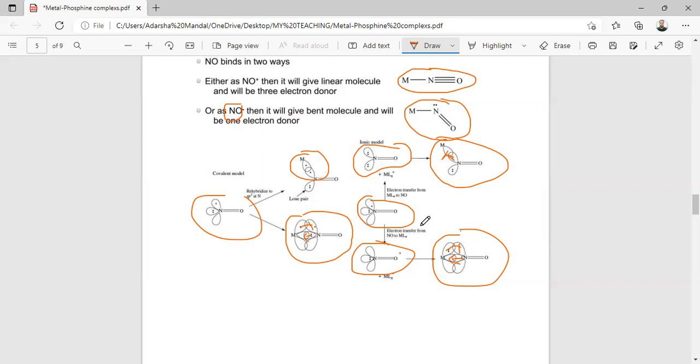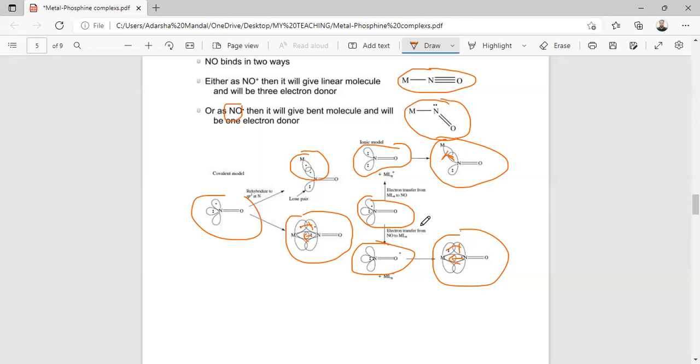So depending on the electron density of the metal center, the binding mode of NO can convert to linear or bent. Conversion of linear to bent NO is considered to lead to an increase in the formal oxidation state of the two units.